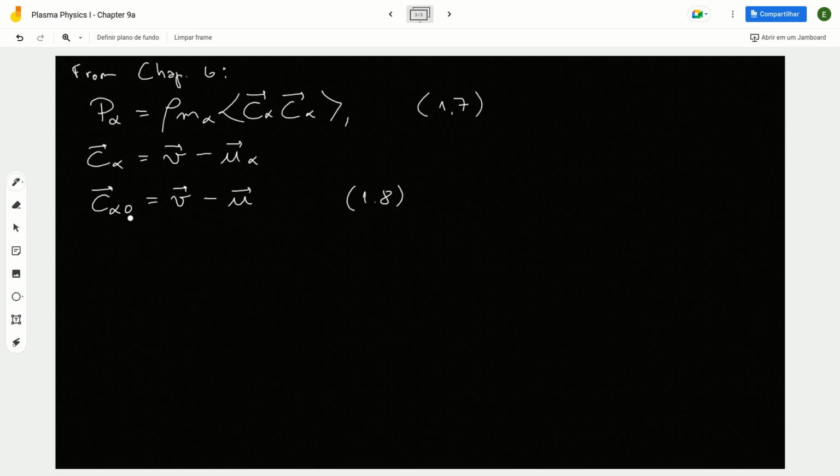We'll use it in the sum of 1.7. So we're going to compute it basically on the total pressure. So we define the total pressure to be the sum over alpha particles of this, but here instead of C alpha, we use C alpha 0.